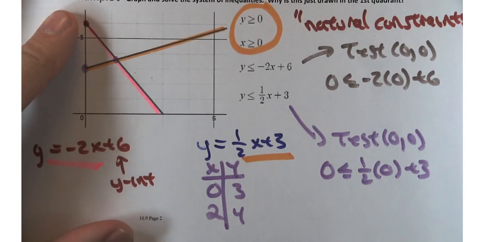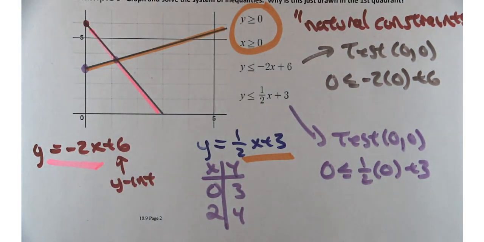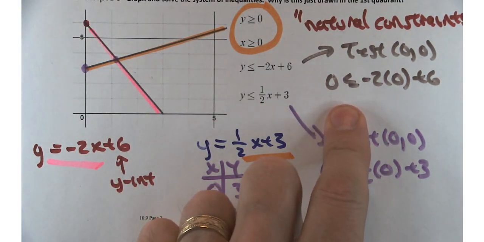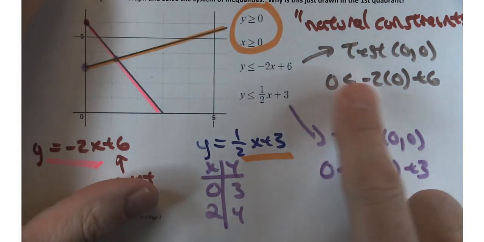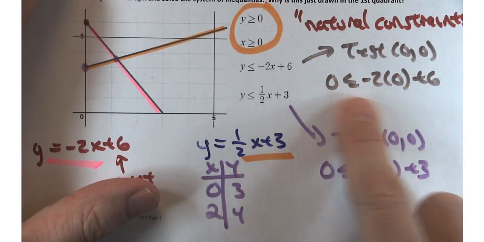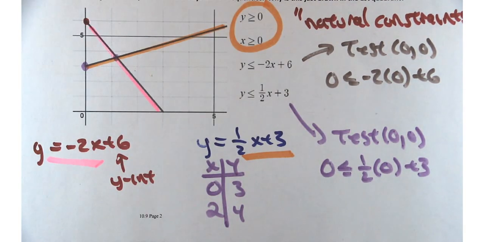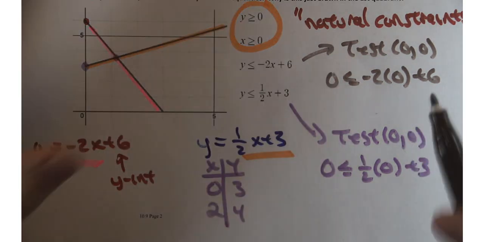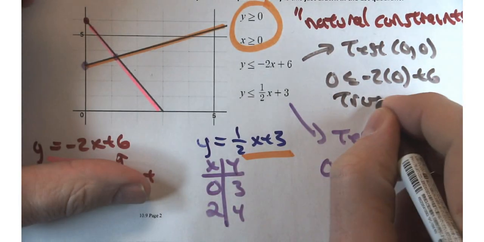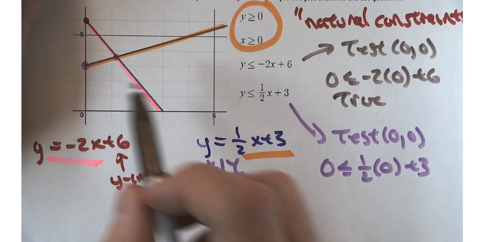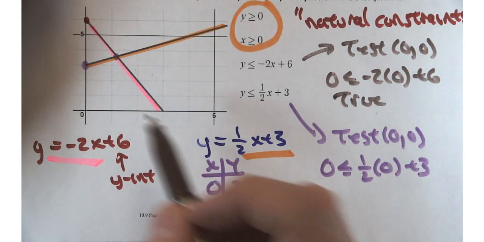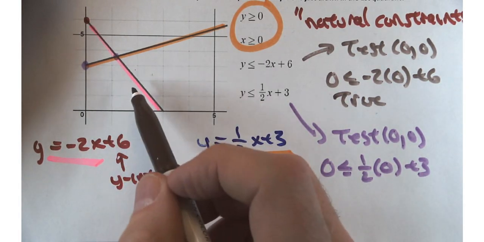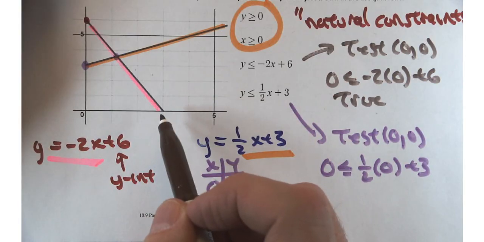Okay, so let's see what happens. If I put in 0, 0 here, is 0 less than 6? Is that true? Yeah, that's true. So we're testing this line. Which way do I want to shade? Do I want to shade below to the left or above to the right for our pink line here?